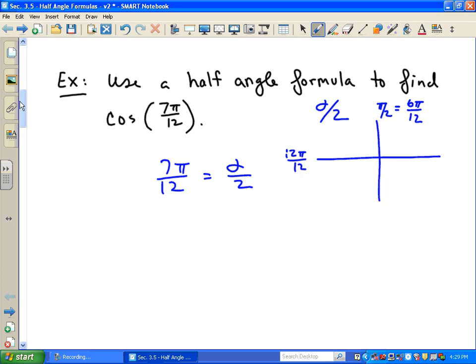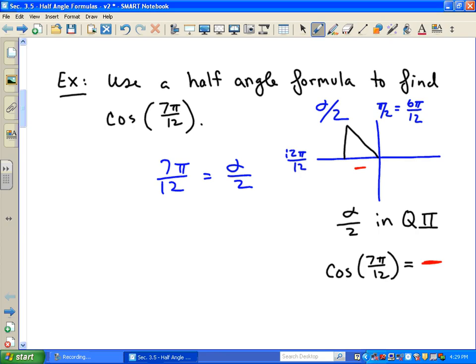And so we know in this case that 7 pi over 12 falls somewhere in quadrant 2. Now that being the case, the sign I want to choose on cosine of 7 pi over 12 would need to be negative. In quadrant 2, the x values are negative, the r values are positive, and so we know that the cosine value would be negative.